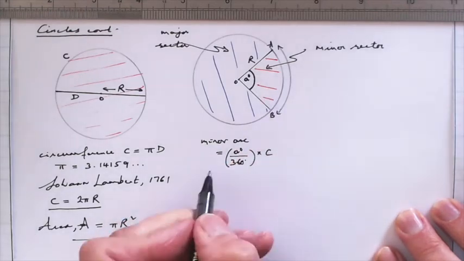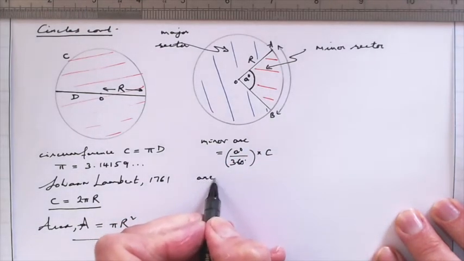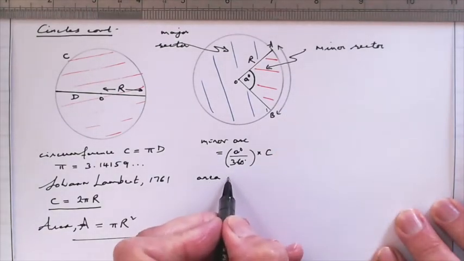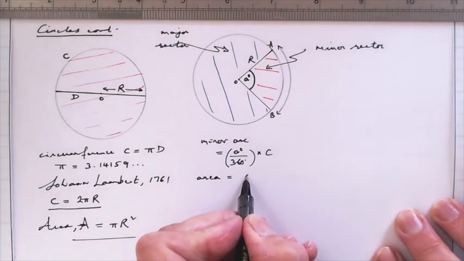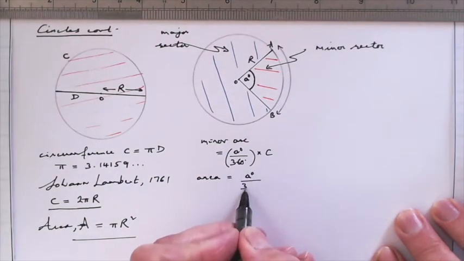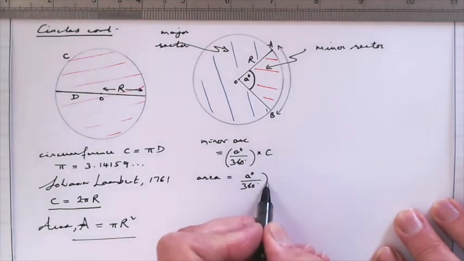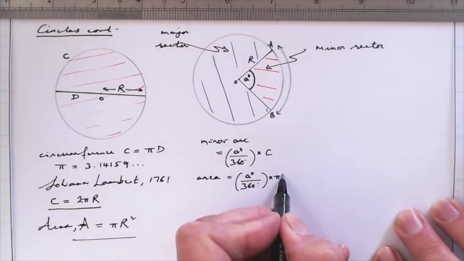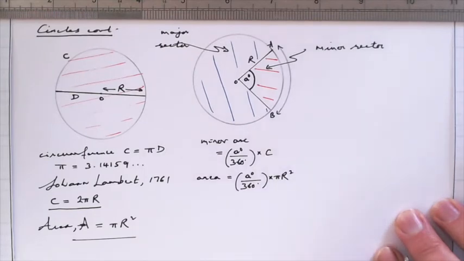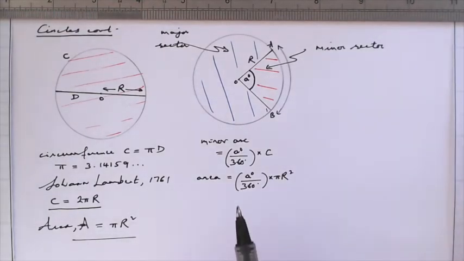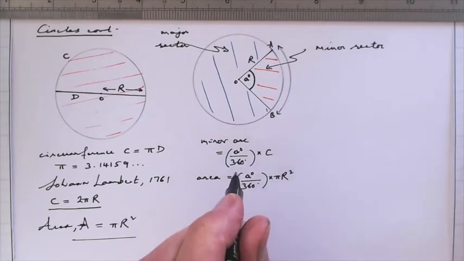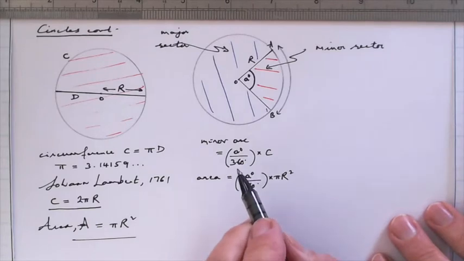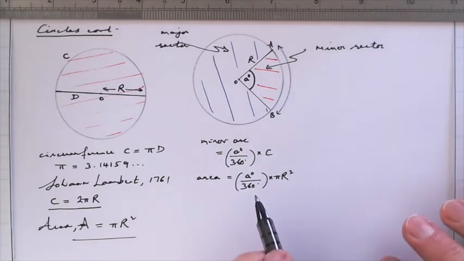And the area of that minor sector is the same fraction, A degrees over 360 degrees, times the area of a circle. Let's call that just explicitly pi r squared. Okay. So I don't think it's good in maths to try and memorize too many formulas because memory is fallible. These are quite easy to remember from, to be honest, common sense.